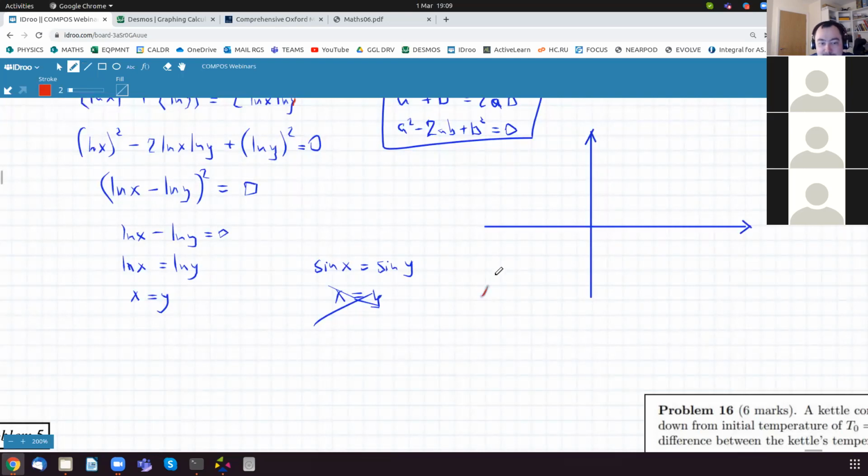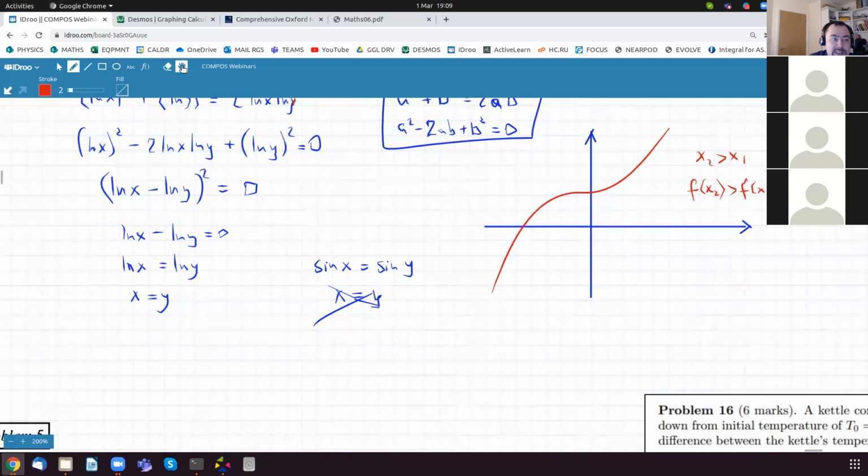So for example, this is a strictly monotonic function. It's always increasing. Increasing means that if x2 is greater than x1, that means f of x2 is greater than f of x1.